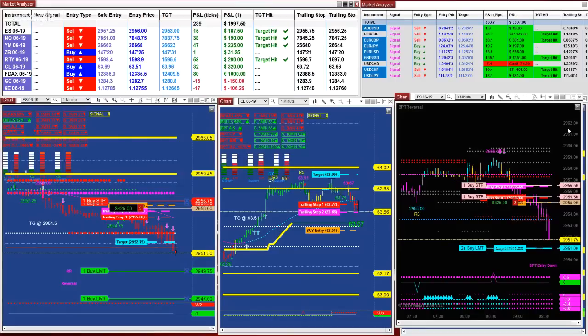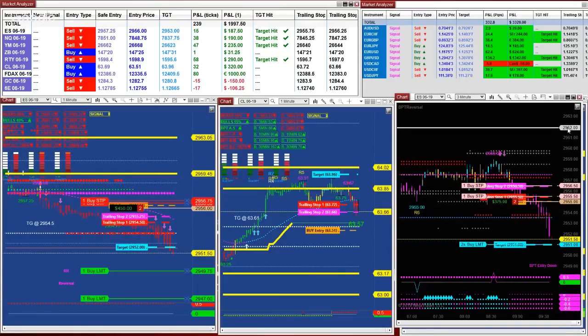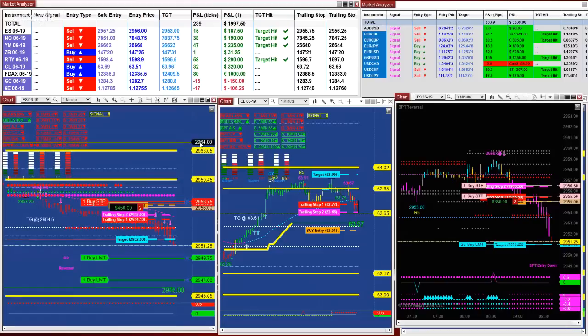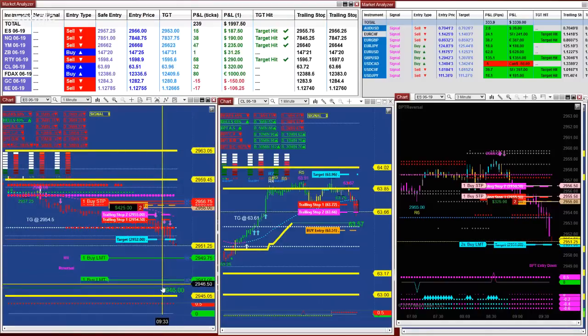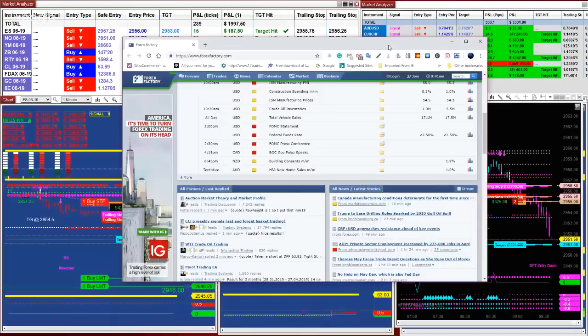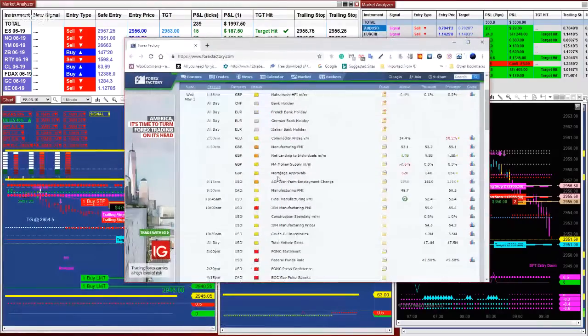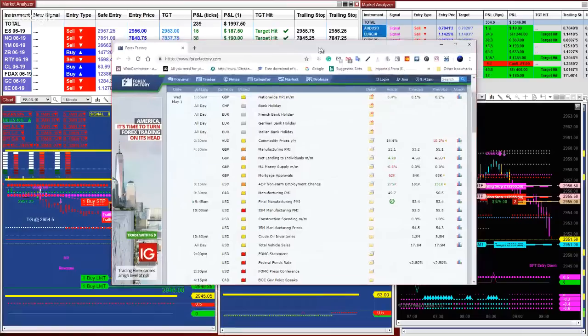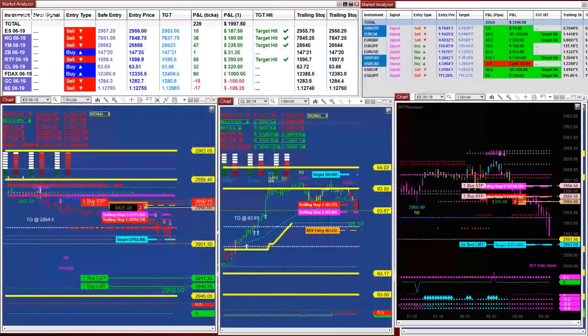We still are going into a new trade, a new signal on the CL. Remember, there is an inventory. Be careful if you wanted to follow the CL on the sim. It's very nice. There is an inventory coming in at 10:30, 20 minutes from now.